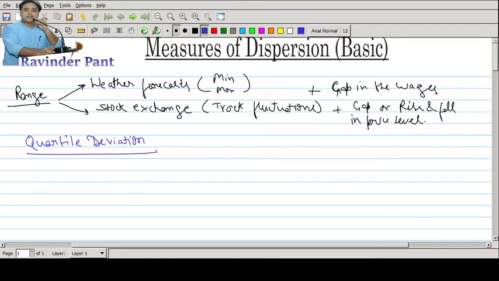These are the partition values, and that partition values concept will be used in this quartile deviation. One more name for it is semi interquartile range.